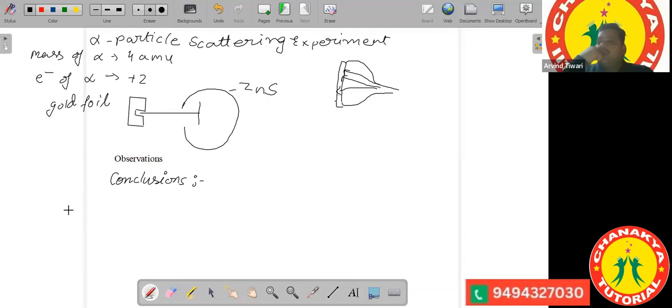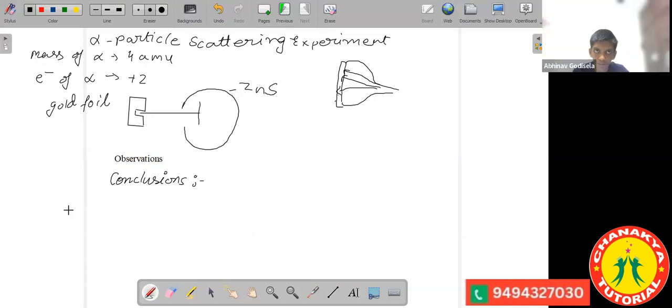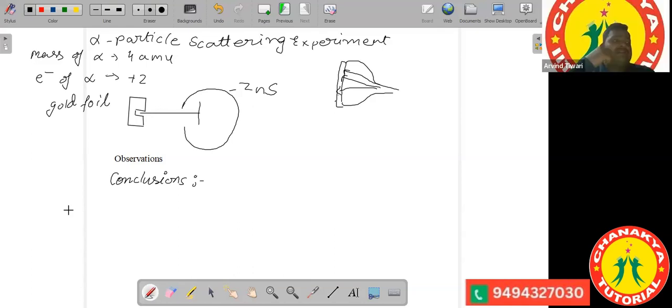Think of it. Most of them penetrated. Most of the space inside the atom is empty. This is the correct one. Since most of the alpha particles passed straight, it means that the maximum space inside the atom is empty.